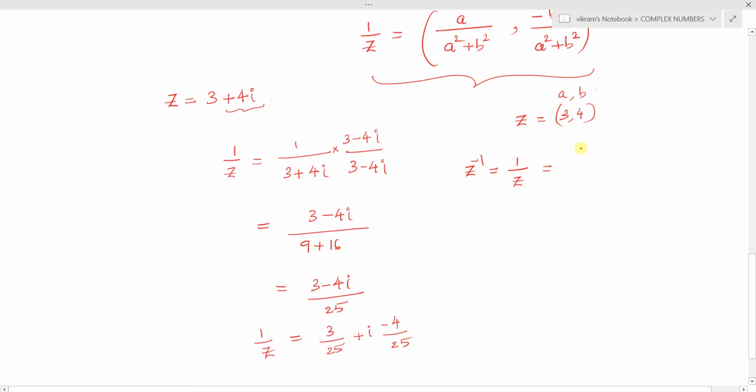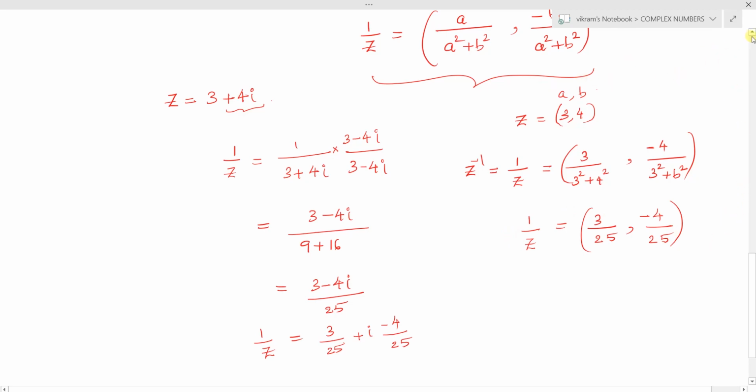The formula is a by a square plus b square comma minus b by a square plus b square, where a is 3 and b is 4. Then we will get 3 by 25 comma minus 4 by 25, which is in the form of an ordered pair, the multiplicative inverse of a complex number by using the formula a by a square plus b square comma minus b by a square plus b square.